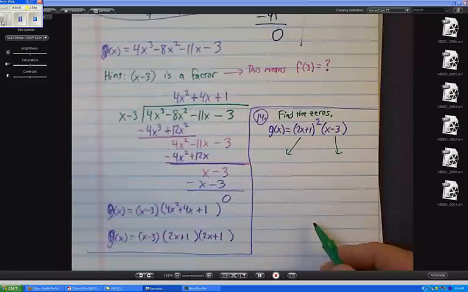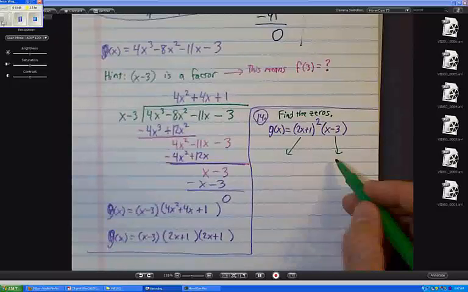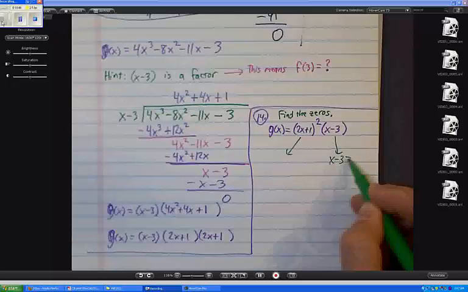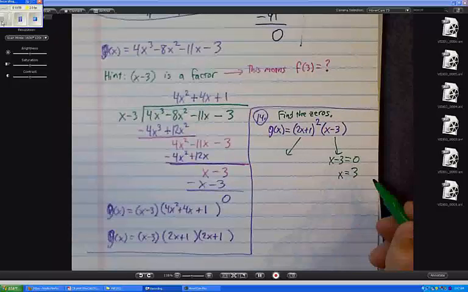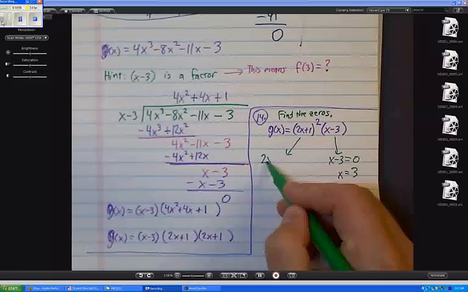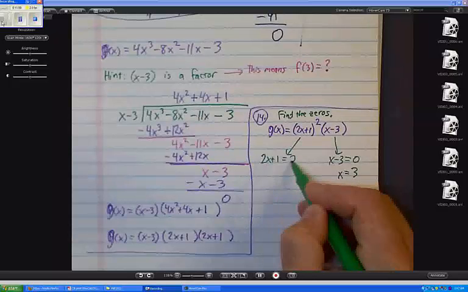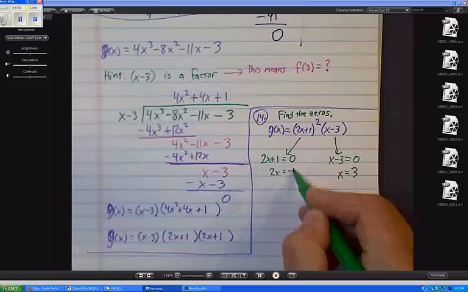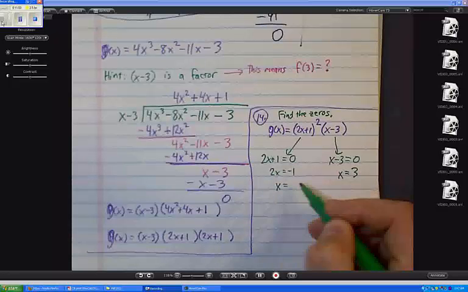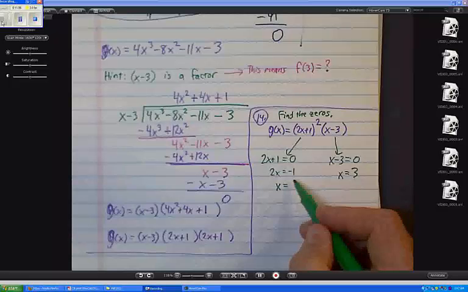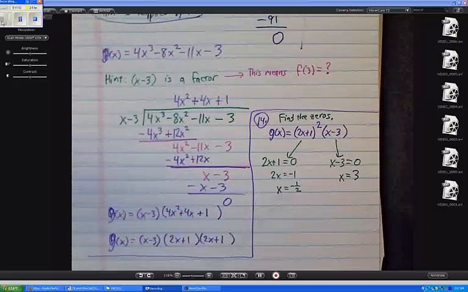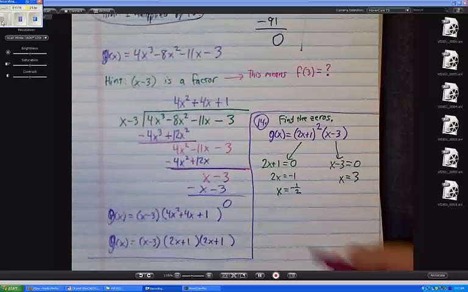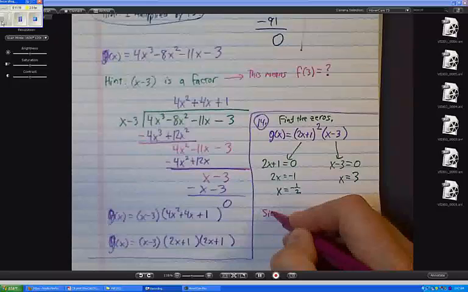Like, I get that x minus 3 might be 0, and so what is one of the zeros? 3. I also get that 2x plus 1 might be equal to 0. So another zero is negative 1/2, right?